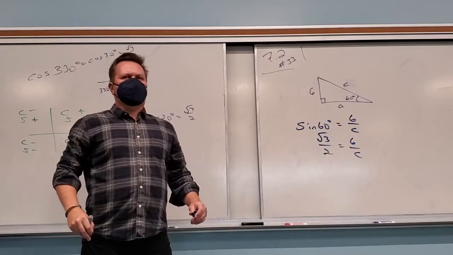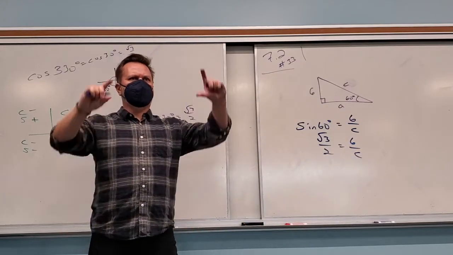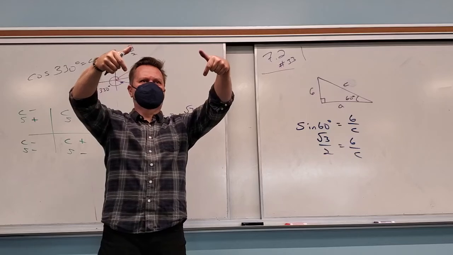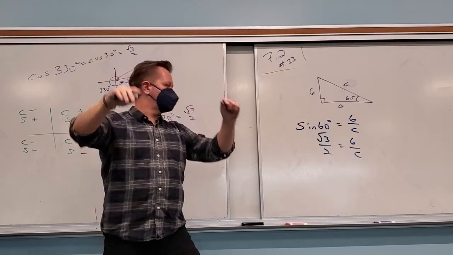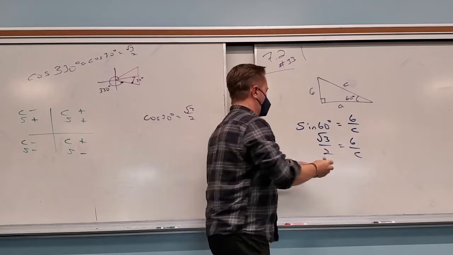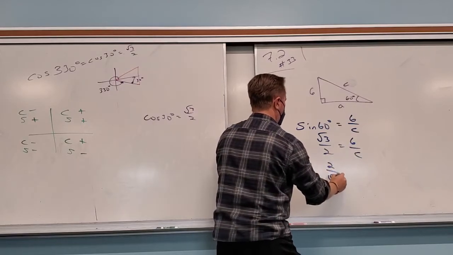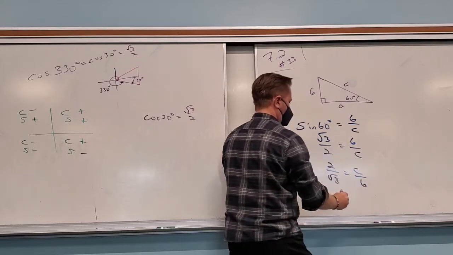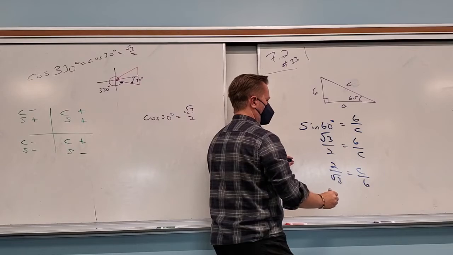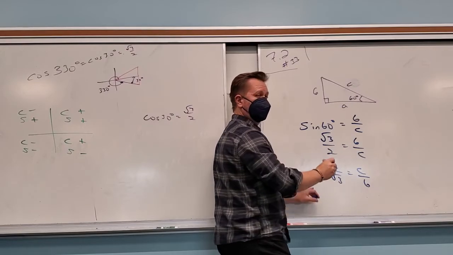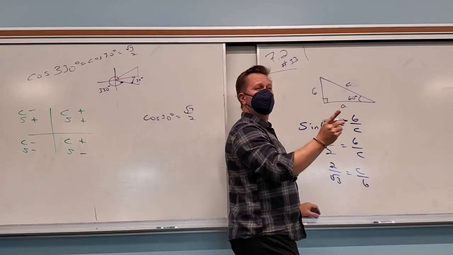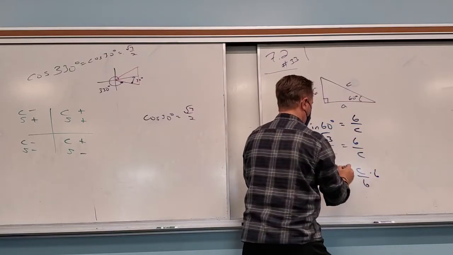So let me give you a cool little trick to solve these things. What's wrong with this is the c's on the bottom. I'm trying to solve for c. So let me just flip both sides. How do I solve for c? Yeah, multiply by 6, right?